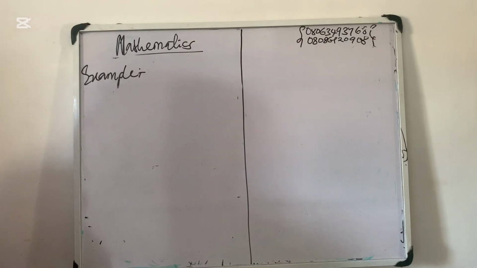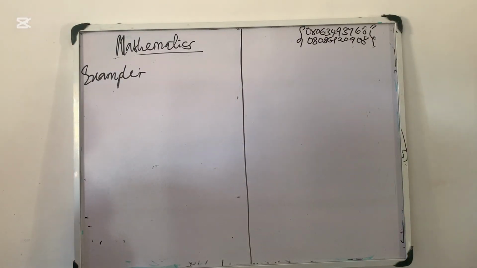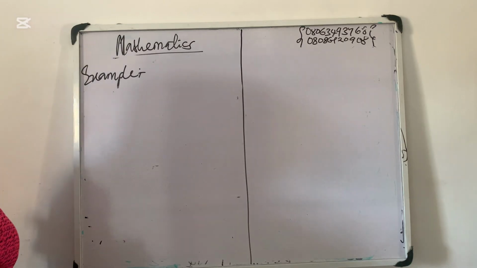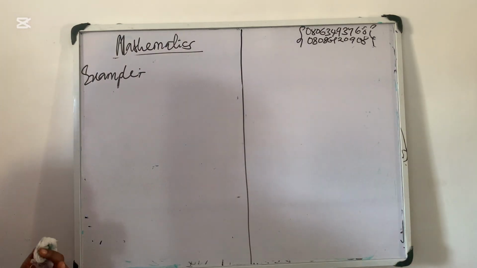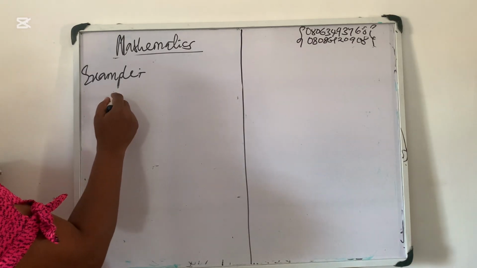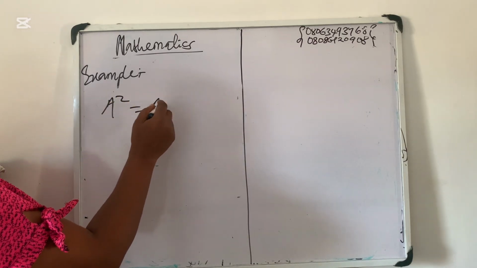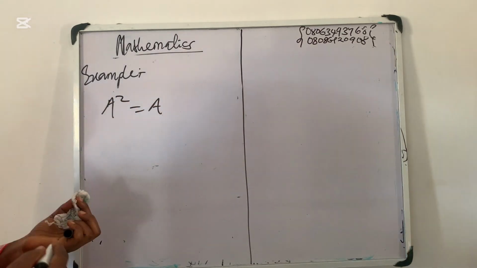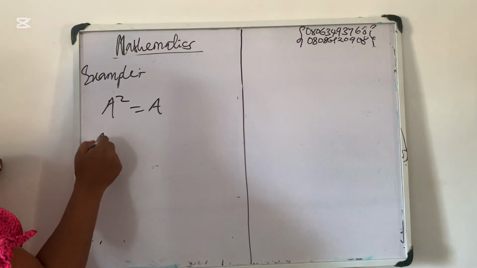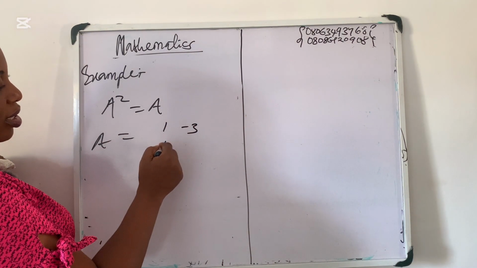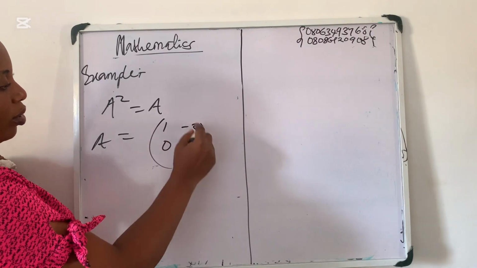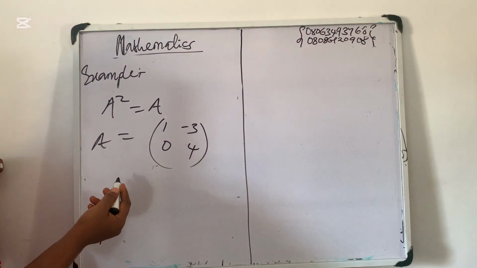Look at another example. If A is a square matrix, that means that A can multiply itself. Then A squared, that is A raised to the power 2, is defined. Now, if given A as 1, minus 3, 0 and 4, compute for A squared.